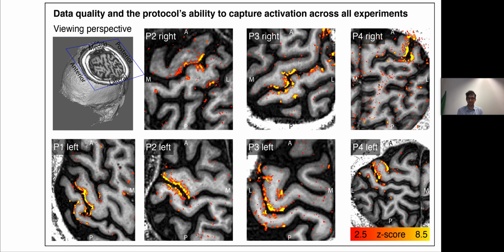So here you see the 0.75 millimeter in-plane resolution blood volume sensitive activation maps in healthy hemispheres and the hand dystonia affected hemispheres. And this is just to convince you that we indeed do have enough baseline activation to work with.